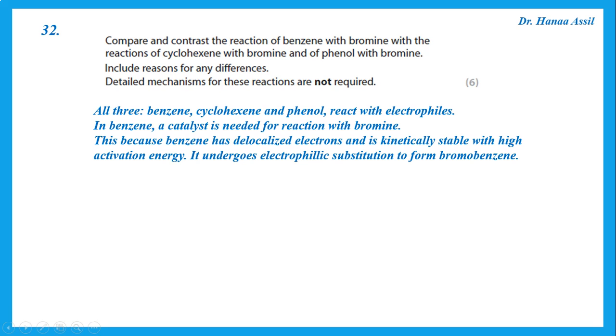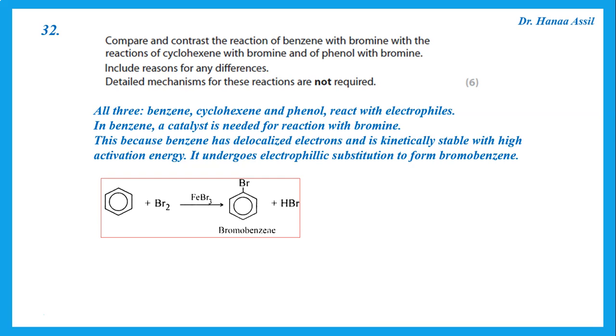They all react with electrophiles. So we're going to react each of them with an electrophile, which is a species that has a positive charge. In benzene, a catalyst is needed. So when we're reacting benzene with bromine, we need a catalyst. It's usually iron 3 bromide.